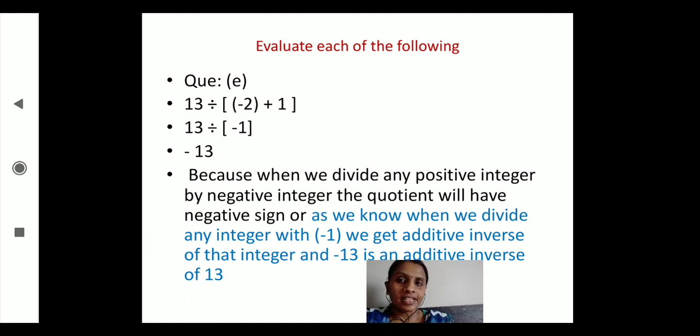As we discussed in the previous video lecture, when we divide any integer by -1, we get the additive inverse of that integer. So here we are dividing 13 by -1, so our answer will be -13, and -13 is the additive inverse of 13.